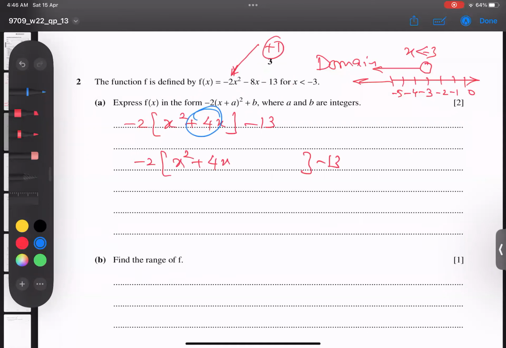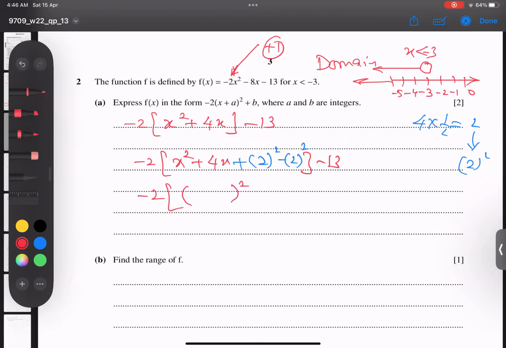After that, these two terms are copied without any change, and this -13 is copied with no change. What is half of the x coefficient? The number written beside x, copy it here and make it half, always half. I got 2. Then take the square of this number, and this number I will add, and this same number I will subtract. Now, you know what to do, students? These three terms combine. How? I will show you.